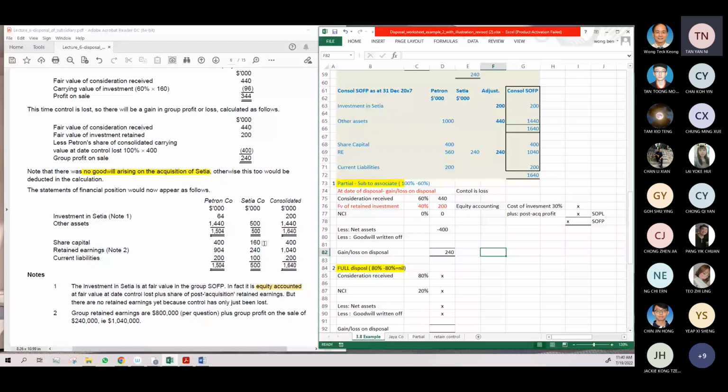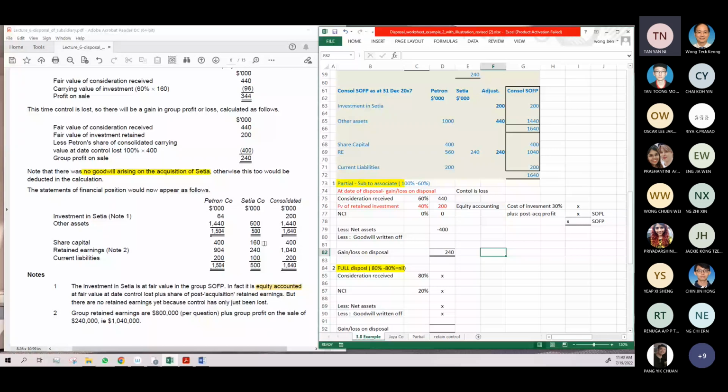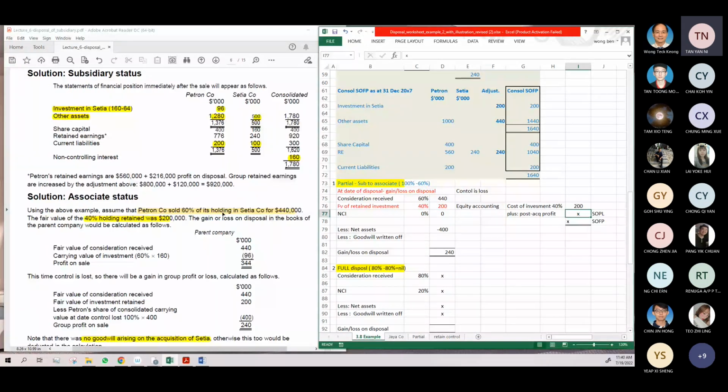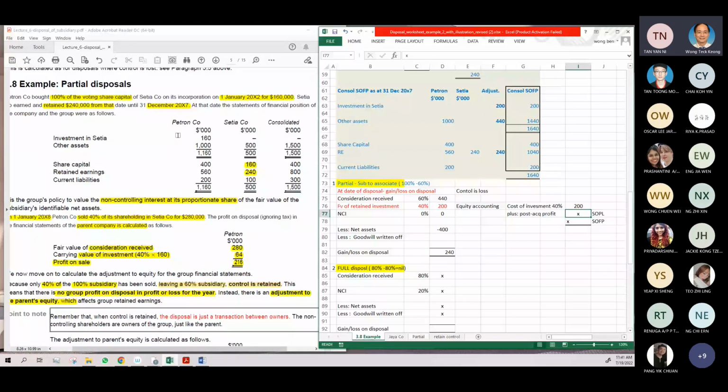Like here, the accounting cost of investment in associate now is 40%. How much is it? In this case, it's 200. So post-acquisition, but we haven't started doing that yet because the disposal is on the date of year end. Okay, 31st December X7 is sold off.